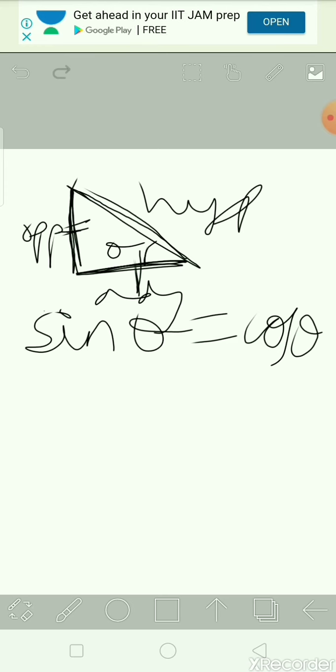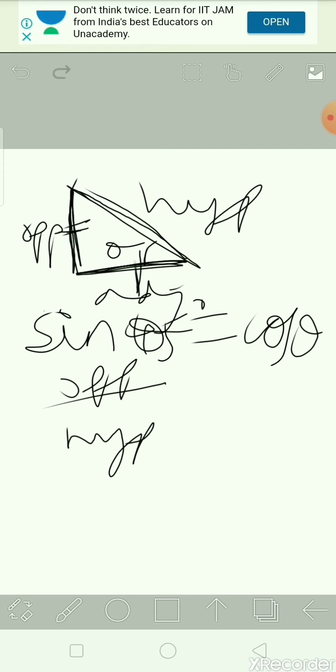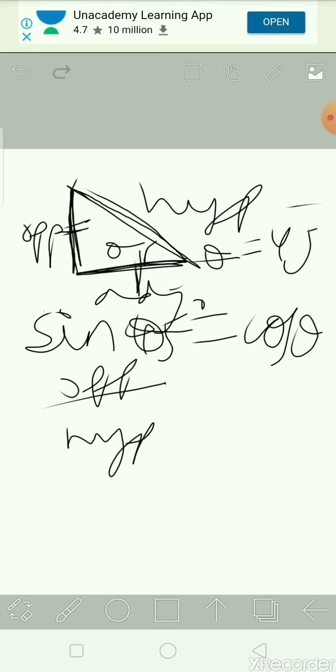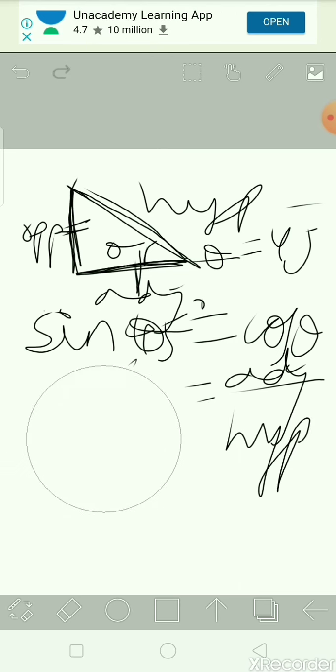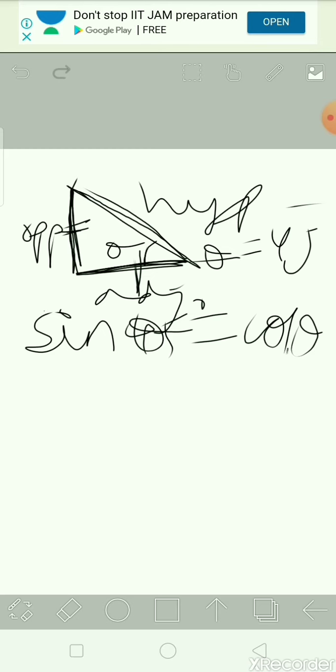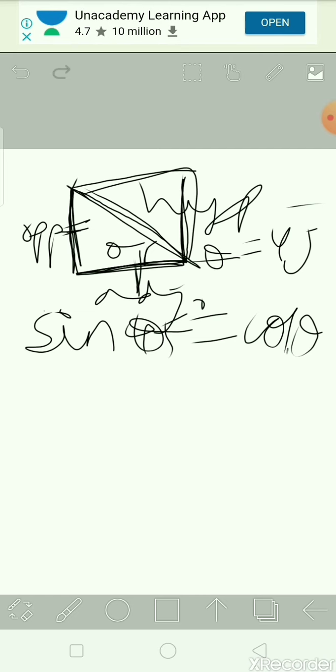To find the value, we draw a square such that the hypotenuse is the diagonal, and from the properties of a square we get 2 theta equals 90 degrees and theta equals 45 degrees.